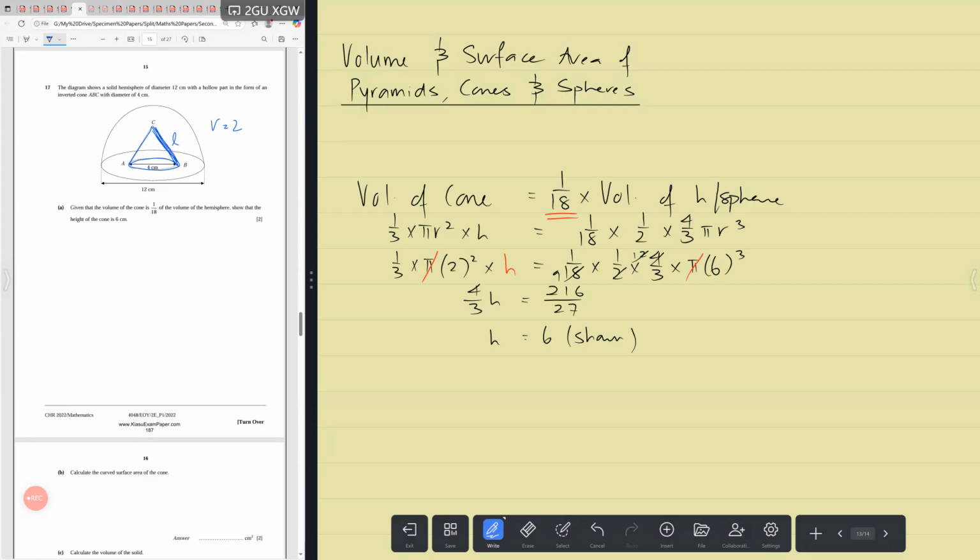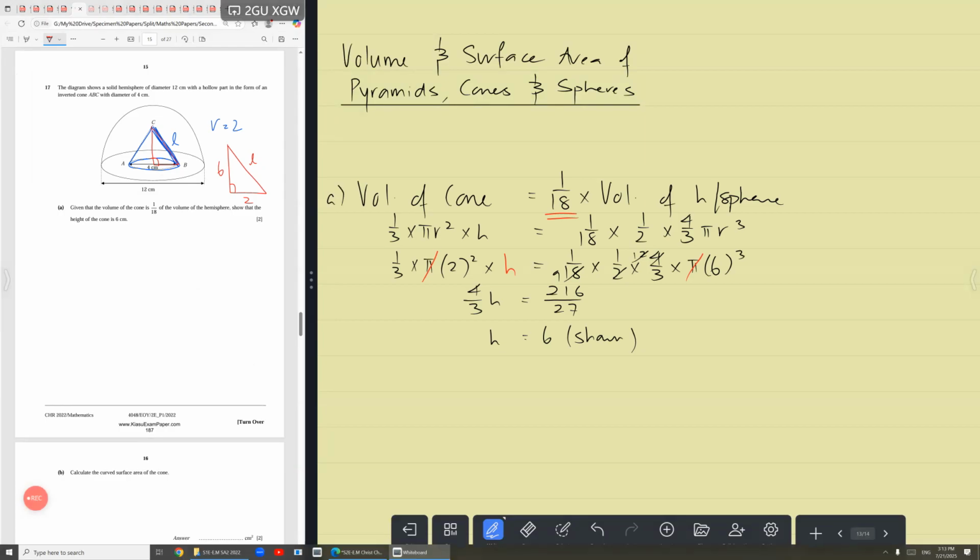So again, when we deal with cone, we need to remember that we can apply our Pythagoras theorem. So as per my red color triangle there. Okay, so we have at the side here, the radius is equal to 2 centimeters. The height of the cone is found to be 6 cm, correct? So we just need to find our slant height. Okay, so earlier on, this is part A. So part B, finding our slant height first.